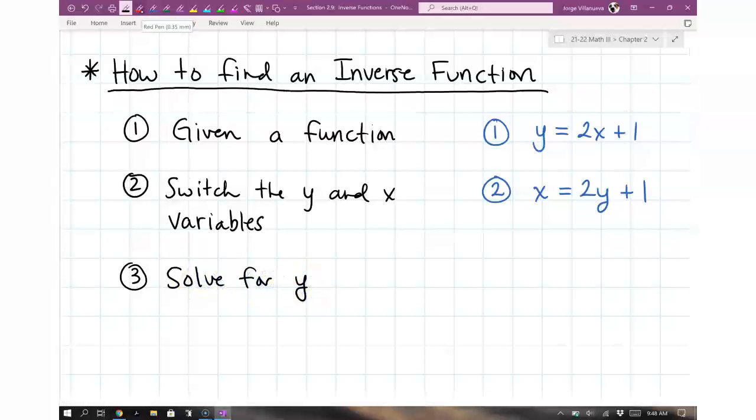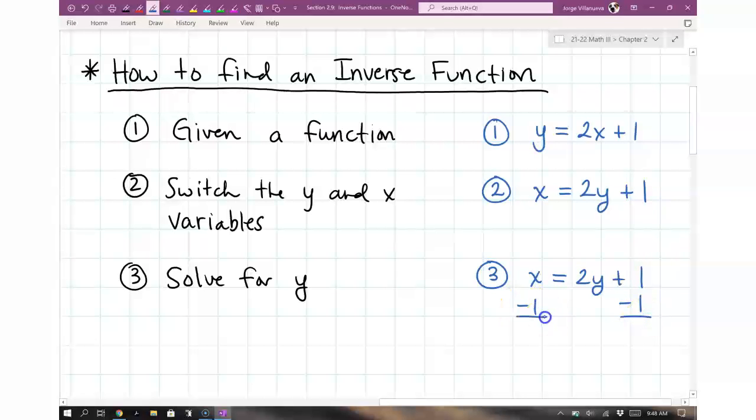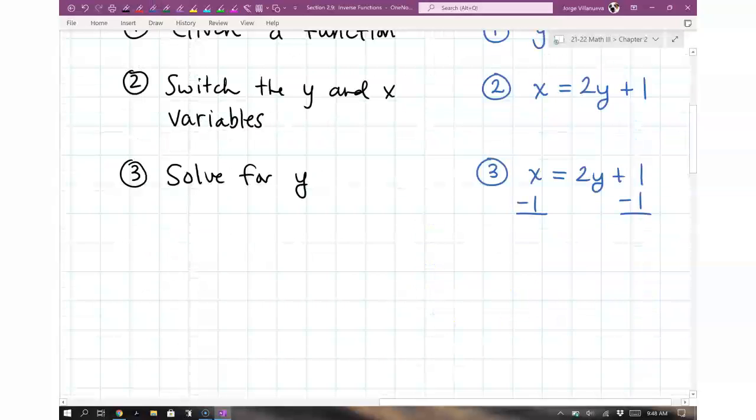Step 3. Solve for y. Okay, or I guess you could say solve for the new y. So step 3. All right, if I want to solve for the new y, let me rewrite this equation here. I'm going to move the 1 first, right? Let's subtract 1 on both sides. So I end up with x minus 1 equal to 2y.